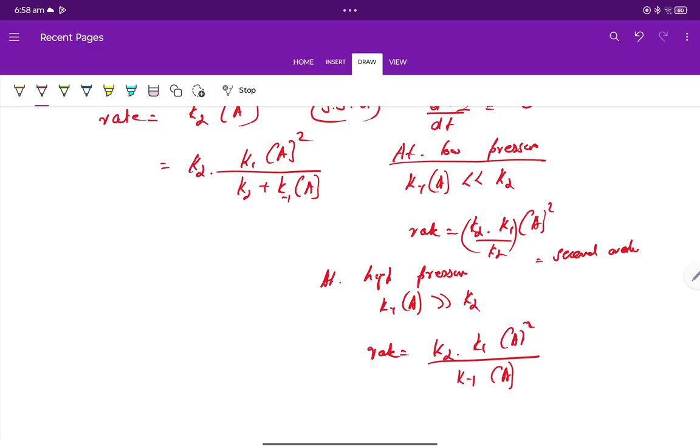So this is A square and this is A, so this can be approximated to another constant, let us call it K dash, into A, and this is a first order reaction.